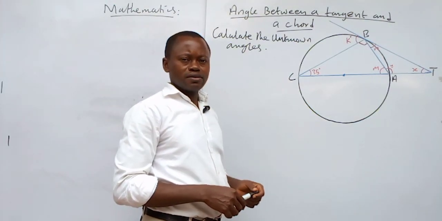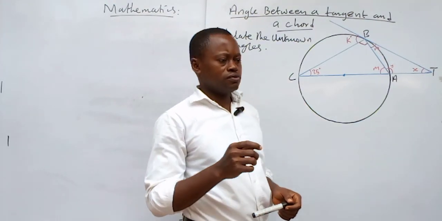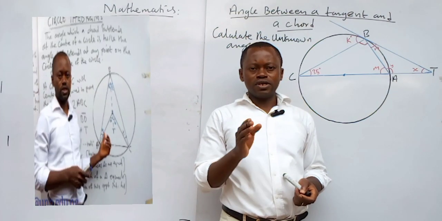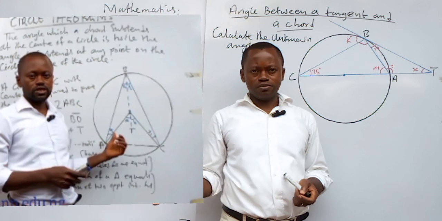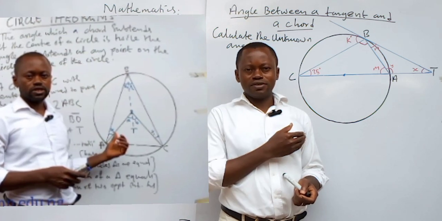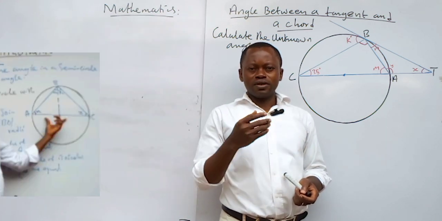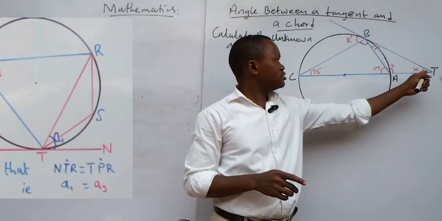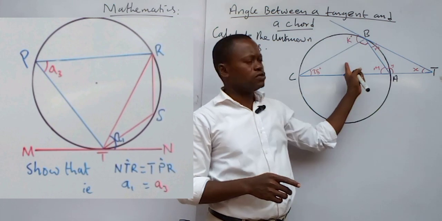If you are following the classes, you will realize that we've treated several theorems that are guiding us in these solvings. The basic theorem we are going to be using here is a tangent. This line is a tangent to this circle.